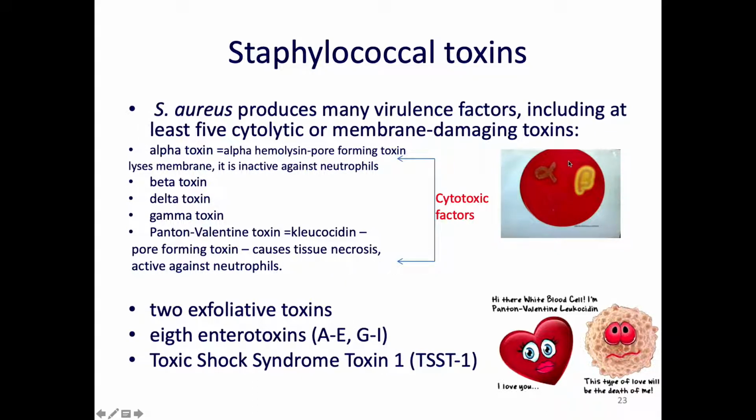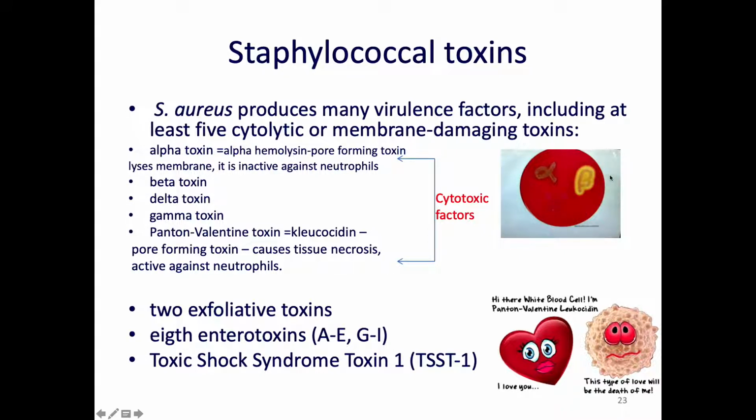What we see on this picture is the visualization of the action of alpha toxin, beta toxin, and gamma toxin. Alpha toxin on the blood agar forms grayish, greenish colonies, which means that the cells are partially destroyed.